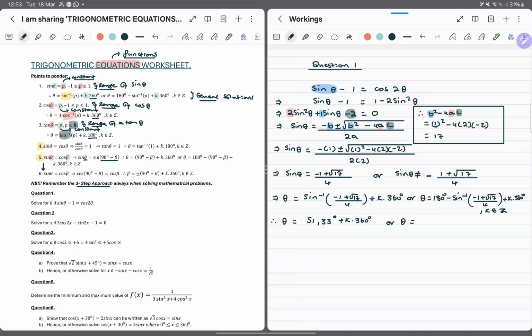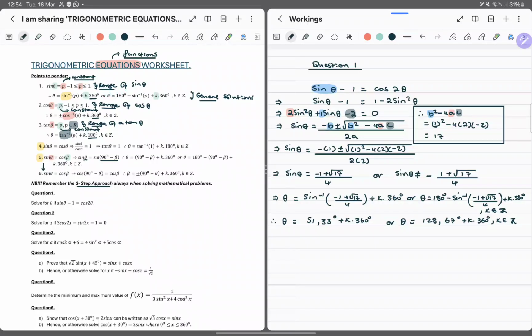So there we can take this one from 180, and then what we get is 128.67 degrees plus k times 360 degrees, where k is an element of integers.